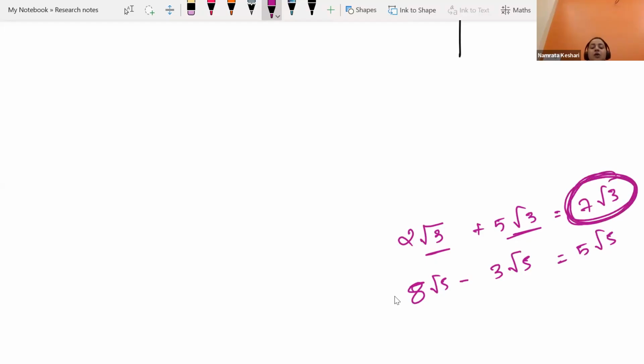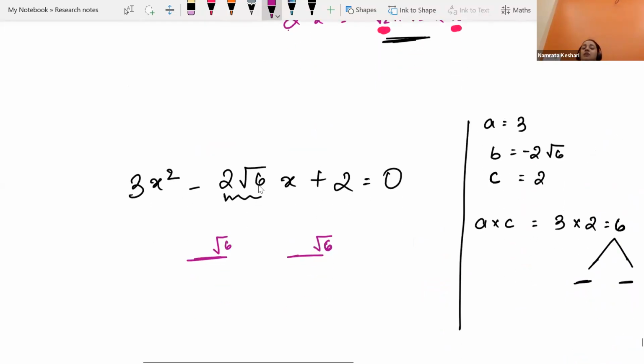Similarly, when we subtract two numbers which already have root 5, the result also reflects root 5, right? So only if we do the calculation this way will our result reflect root 6. We need 2 root 6 as a result, so both numbers must have root 6 along with them, right, Zoha? Yes.